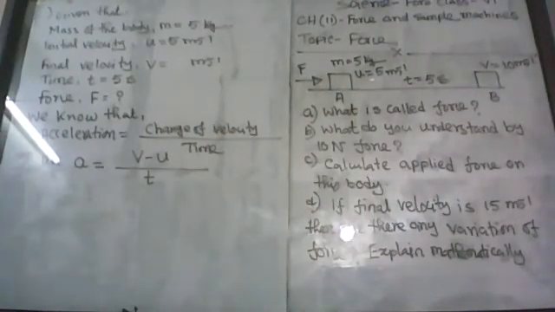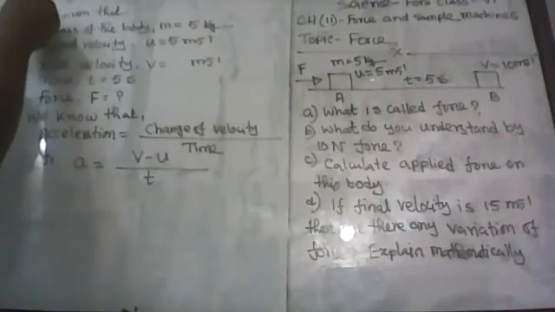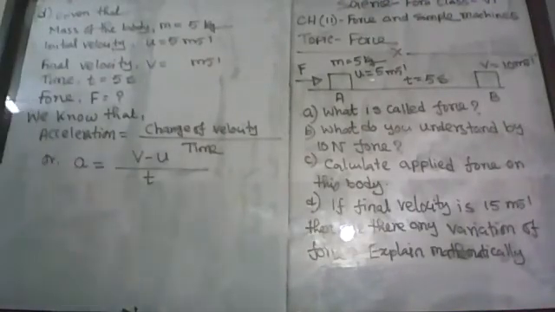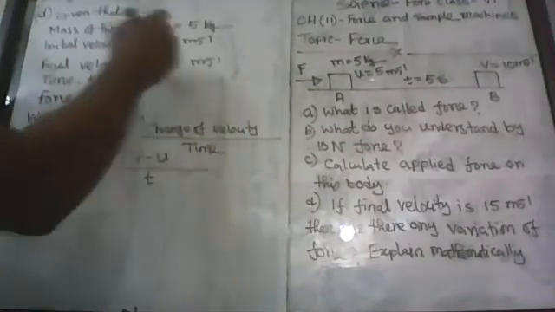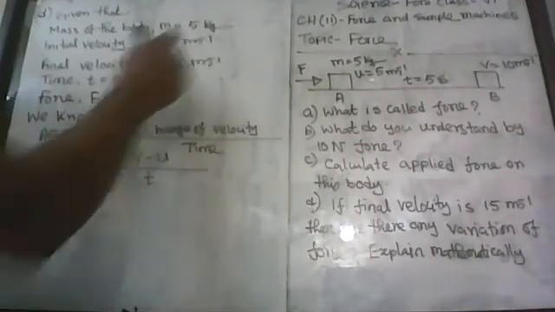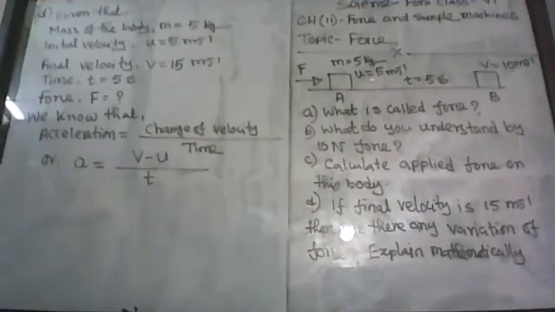This is question number D. Final velocity v equals 15. So the mass of the body m equals 5 kg, initial velocity u equals 5 meter per second, final velocity v equals 15 meter per second, and time t is 5 seconds.